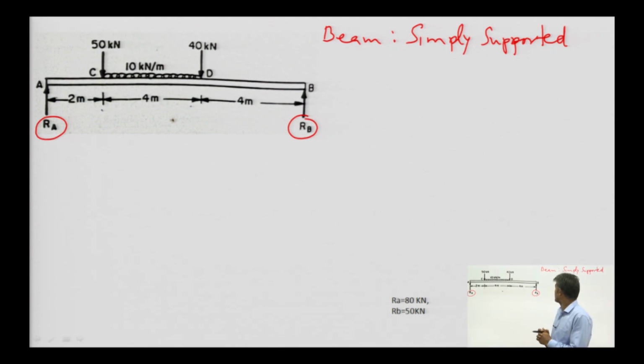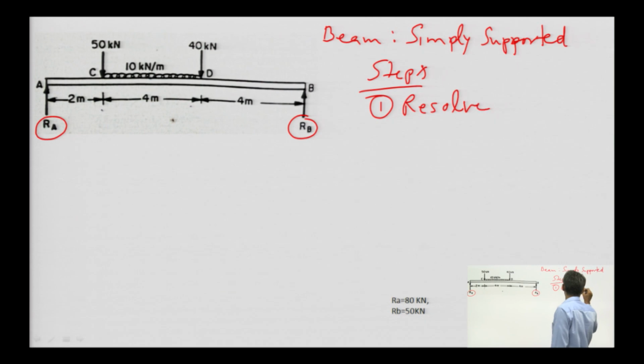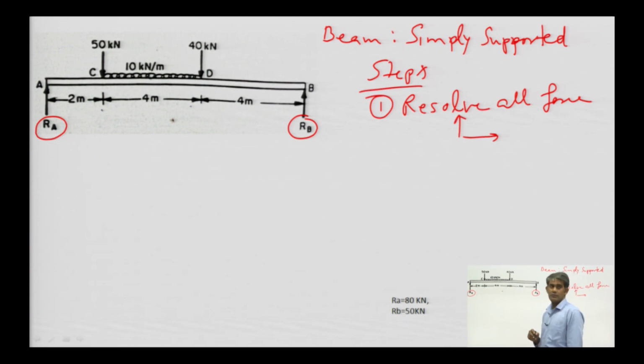So, what will be the step? The next thing is, what will be the steps in calculating the value of R A and the value of R B. Steps are simple. Number 1, resolve all forces along horizontal and along perpendicular direction for simplicity.